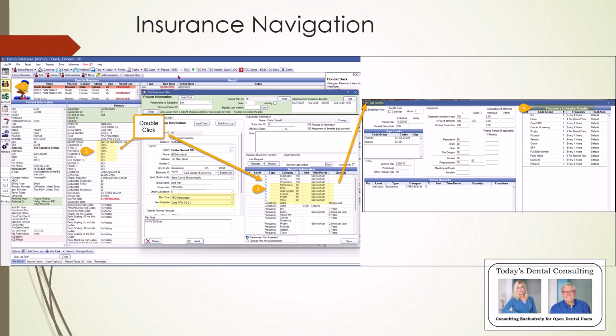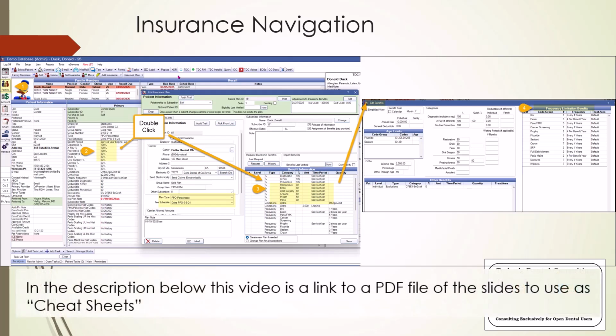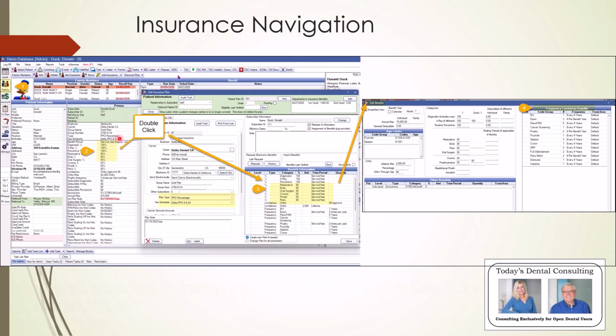Okay, how do we navigate to get into these areas in Open Dental covering insurance? If we're in the family module, we're going to then click over here. This is the insurance section. Double click in there, and then going to go down here. This is the screen that's going to pop up. We're going to double click here again, and that's going to take us to this screen over here.